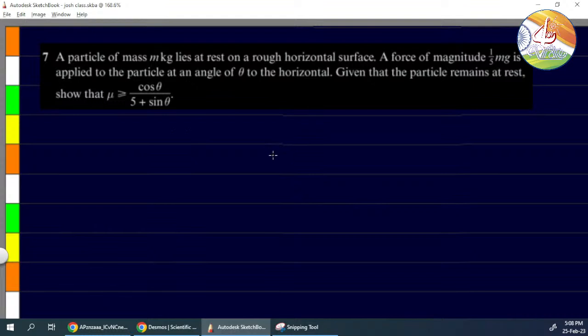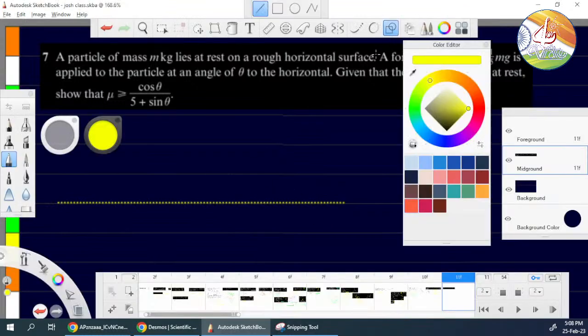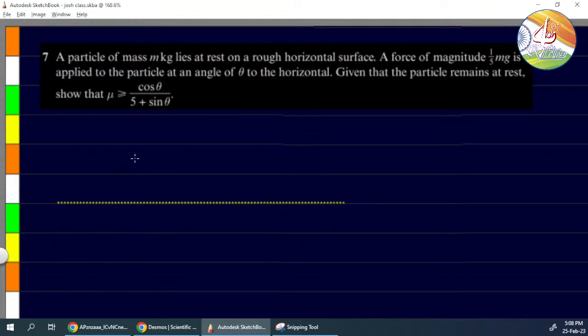So this time we have to take a horizontal rough surface, and let's say this is our block. So what are the forces acting on this? Downward force will be m into g. Upward reaction, let's call it R. A force of magnitude 1 by 5 mg is applied to the particle at an angle theta to the horizontal.